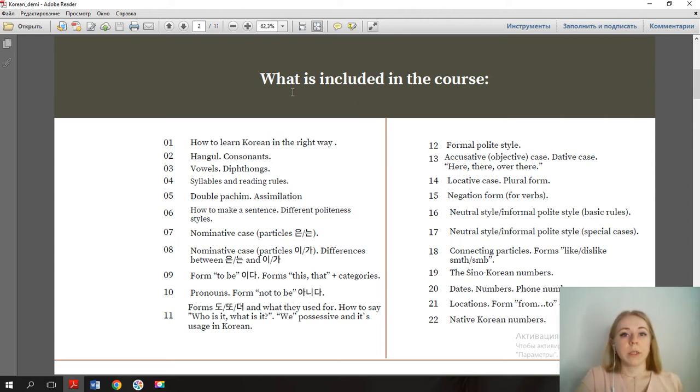But also after lessons with rules, we will talk about reading rules, about how to make a sentence, and so on. And at our last lesson, the 22nd lesson, we will talk about native Korean numbers. What are native Korean numbers and also Sino-Korean numbers?